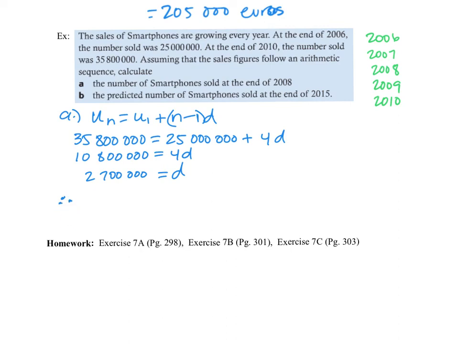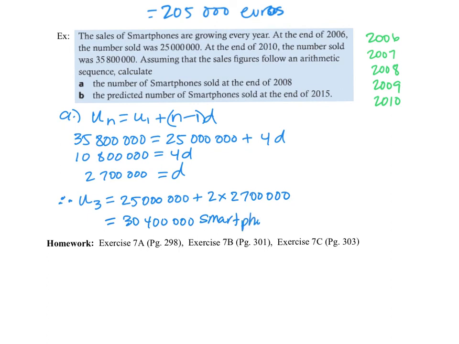So therefore, U sub 3, the third term, is equal to our first term, 25 million, plus n minus 1. In this problem, n is 3, so 3 minus 1 would be 2. So 2 times the common difference of 2,700,000. Doing that arithmetic, there would be 30,400,000 smartphones sold at the end of 2008.